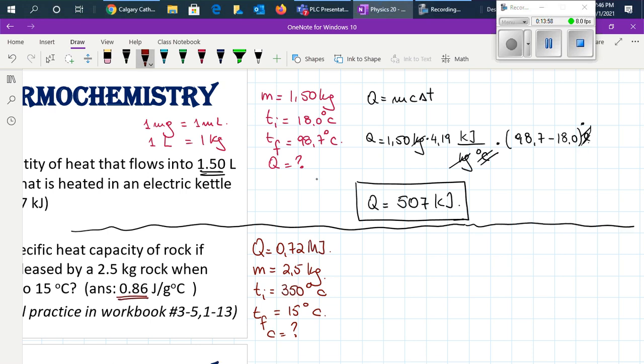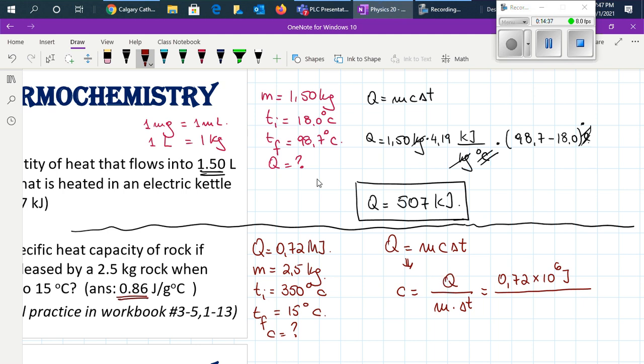So now we'll start with the formula. Q is equal to mcΔT. We are looking for C, which we can isolate as Q over mΔT. Now, the heat or the energy is given in megajoules, and mega means times 10 to the power of 6. So this will be the same as saying 0.72 times 10 to the power of 6 joules, over the mass, which is given in kilograms.